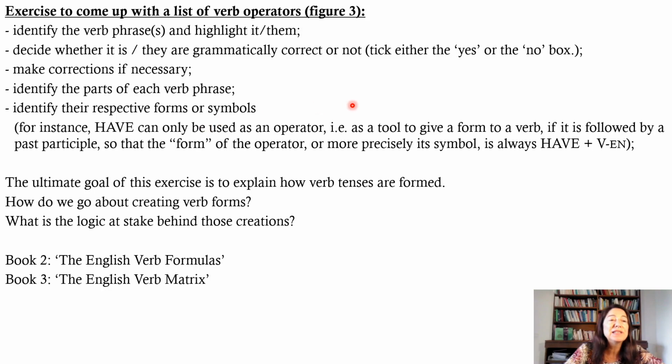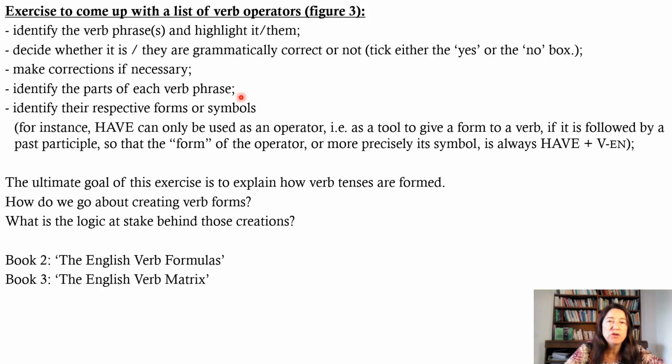First of all, you need to read the sentence and identify the verb phrase or phrases in the sentence. And then you need to decide whether it is correct or not, and make the appropriate corrections if they are necessary. And then you need to identify the different parts of each verb phrase, like we have done just now in I have seen her.